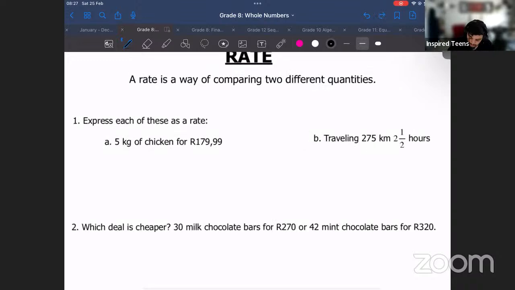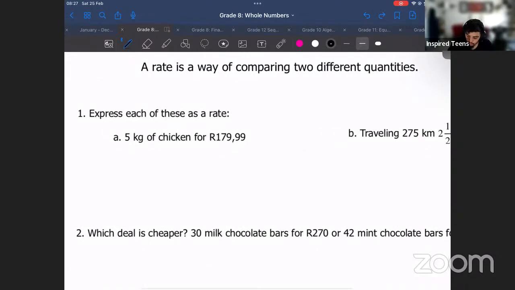So if we look at our first example, 5 kg of chicken for 179.99 rand, we have two different quantities. We have weight, and we have currency, an amount of value in rands, money. The way we can express this is we could calculate the rate as what would it cost per kg?